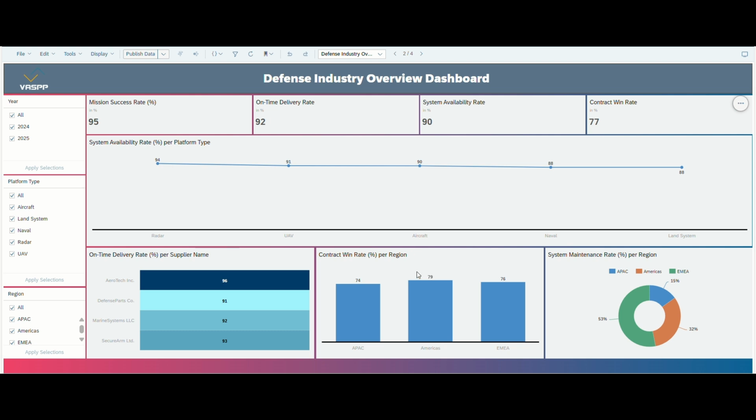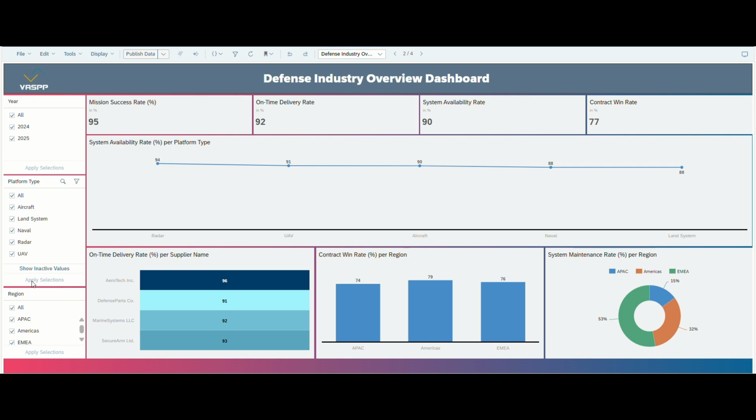Finally, the system maintenance rate per region provides strategic insight into support operations. APAC stands at 15%, the Americas at 32%, and EMEA at 53%. These variances may be tied to deployment volumes, asset conditions, or the overall intensity of regional operations, pointing toward the need for region-specific maintenance reviews.